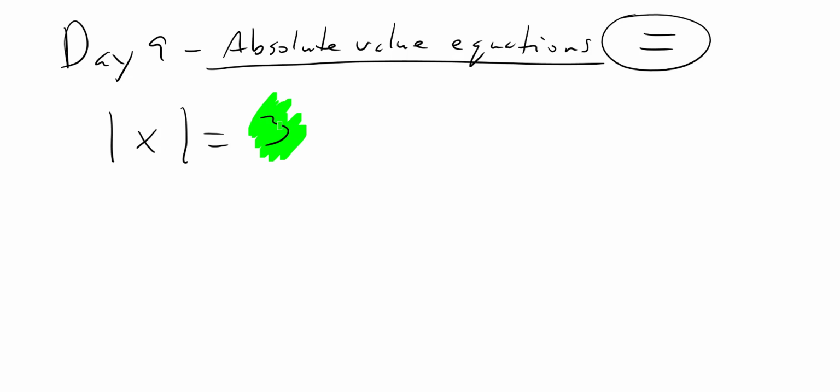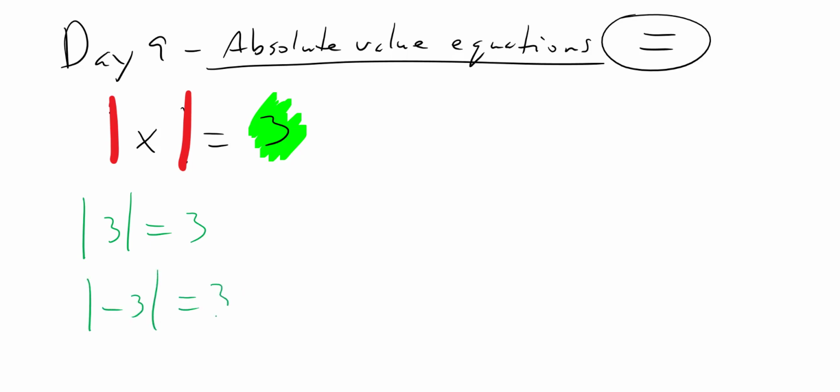What do absolute value brackets do for a variable? Doesn't it make it positive? So if it makes it positive, what value can x be? Well, can't x be 3? Because the absolute value of 3 is equal to 3. What else can x be? Can't it be negative 3 as well? Because the absolute value of negative 3 is also 3. And remember, my goal is to get a 3, and that's what I have right there.